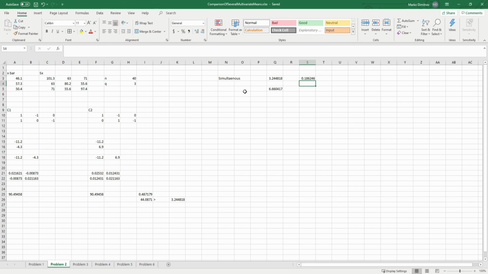Then we need it for 1 and 2, for 2 and 3, and for 1 and 3. For 1 and 3 it is similar: S11, S13, S33 divided by 40. And in the end, S22, S23, S33 divided by 40.